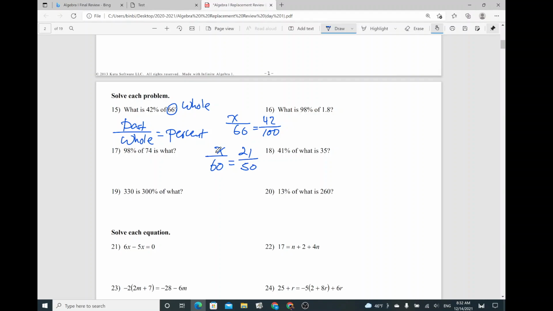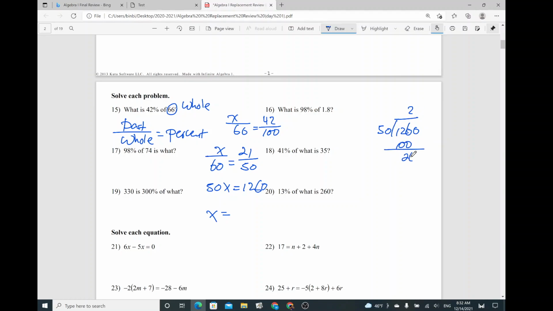And then cross multiply, so 50x equals 21 times 66. 1 times 6 is 6. 6 times 2 is 12. So 1, 2, 6, bring the 0 over. And then divide by 50. So 1,260 divided by 50. 2 times 50 is 100.